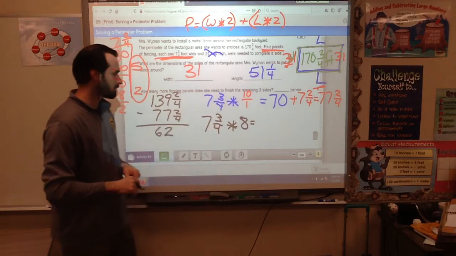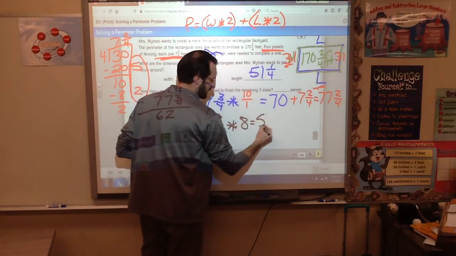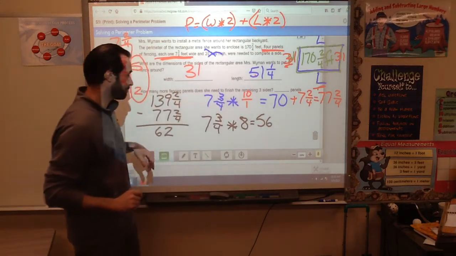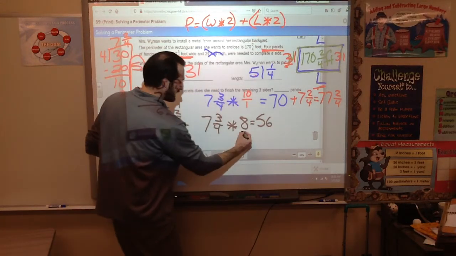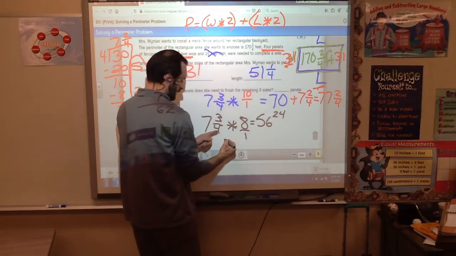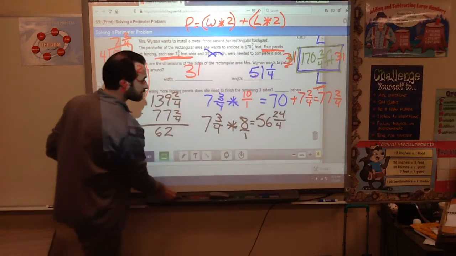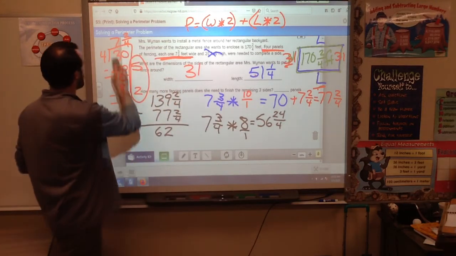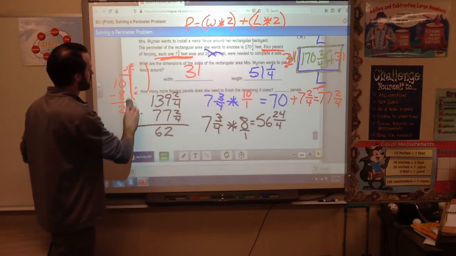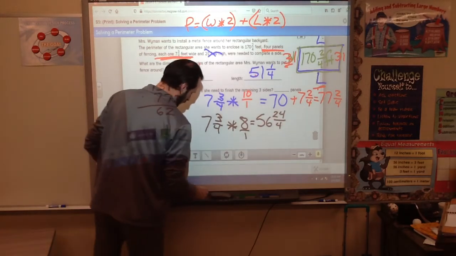7 times 8, 5, 6, 7, 8. 56 equals 7 times 8. Now I have to do 8 times 3/4. 8 times 3 is 24. And 4 times 1 is 4. Can't leave it like that. So let's figure out what 24/4 equals.